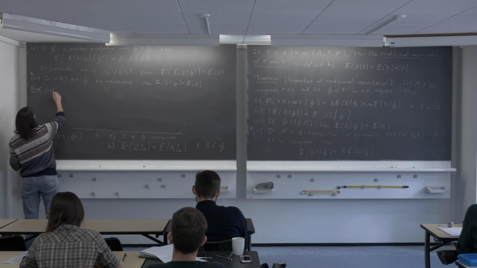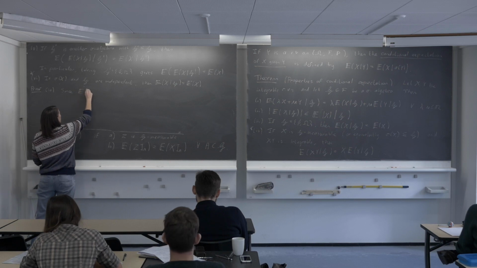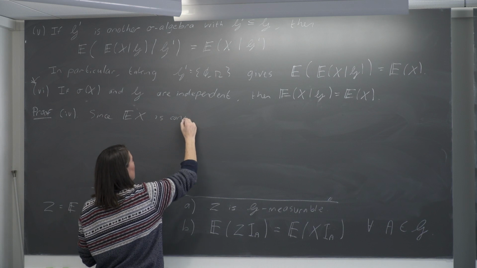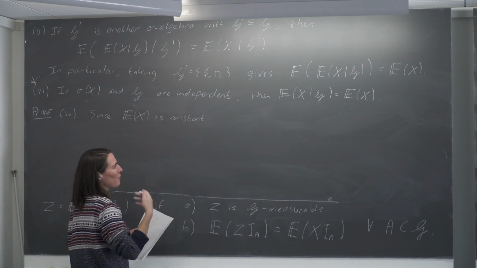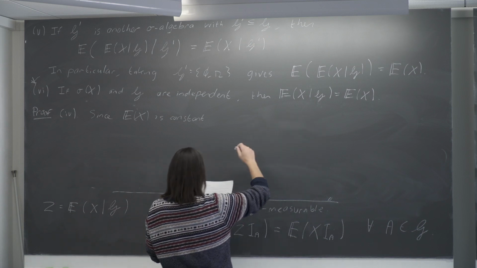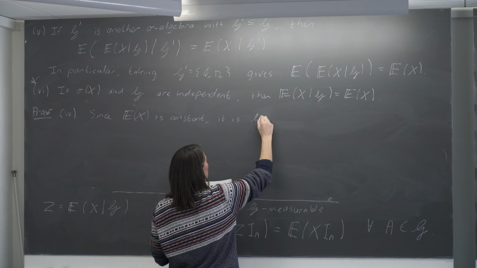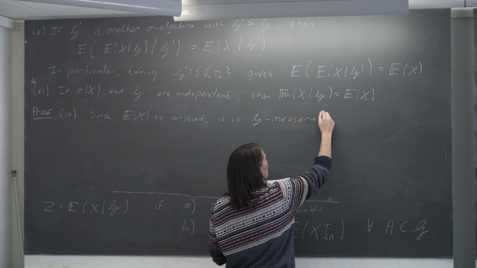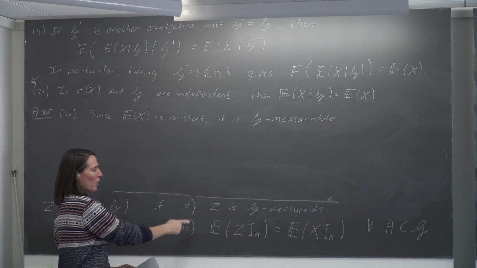Since the expected value of x is constant, it's measurable with respect to the trivial sigma algebra, so in particular it's measurable with respect to any sigma algebra. So it is G measurable. Okay, so condition 1 holds.